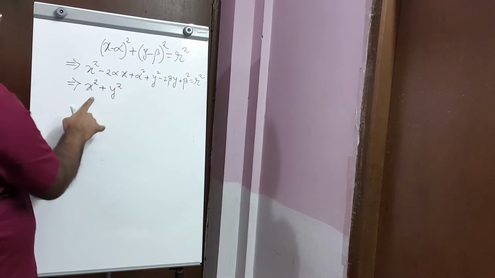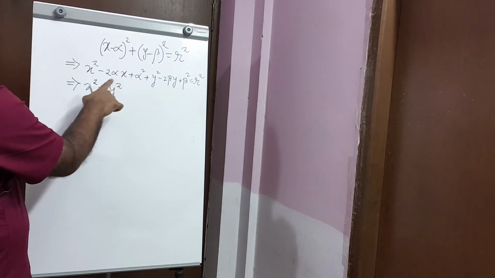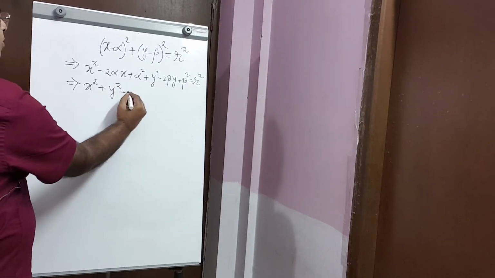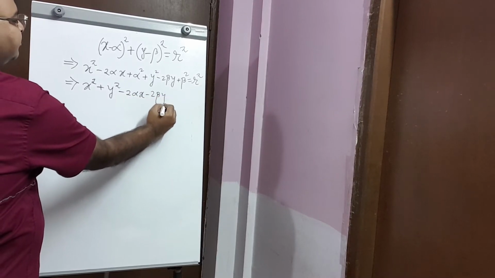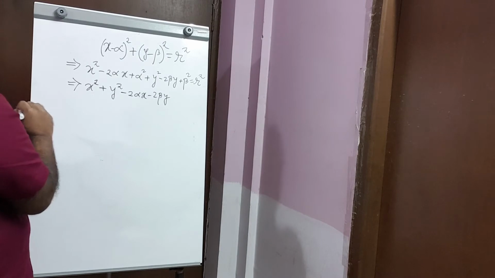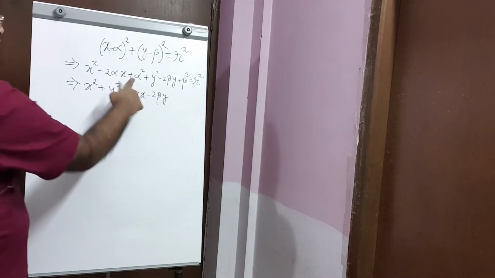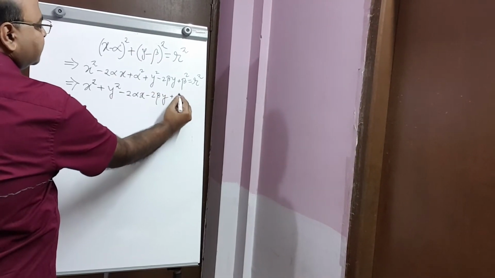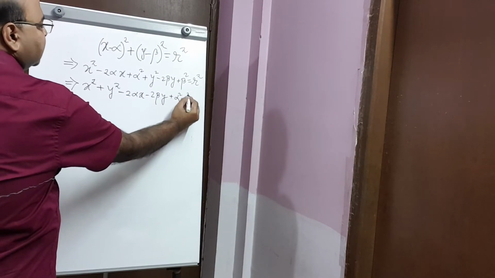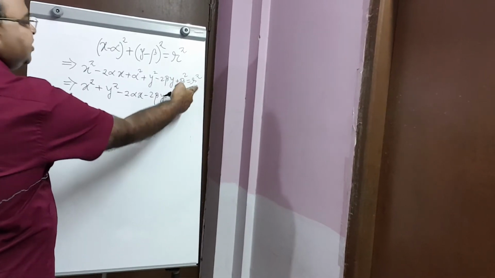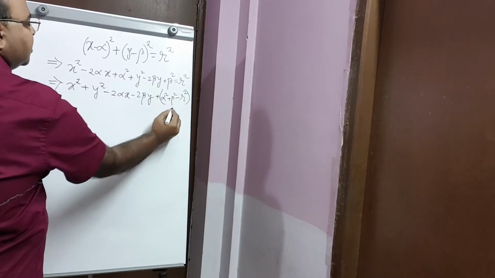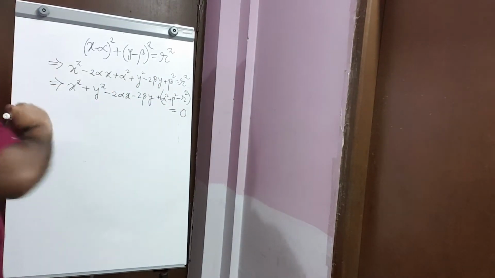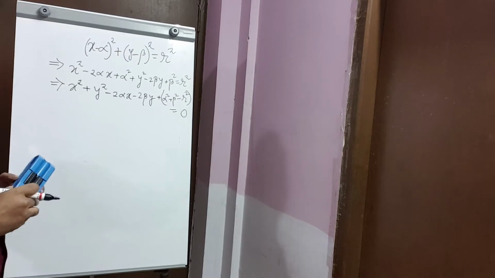Then the linear terms containing x and y, minus twice alpha x minus twice beta y, and finally the constant terms, that is the x y independent terms, alpha square plus beta square, and minus r square, shifting r square to the left hand side, is equal to 0.